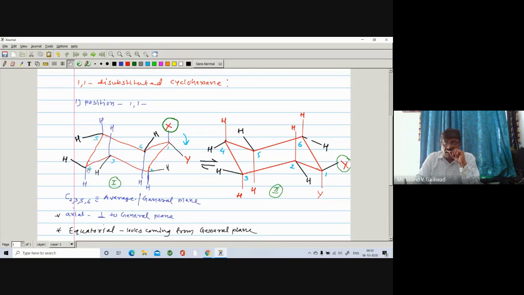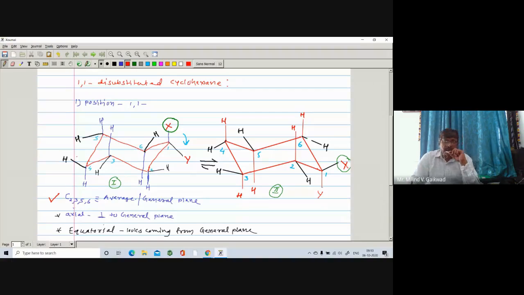Similarly, carbon number 4 is below the plane. So you have to join the bonds 5, 4 and 3, 4. The plane containing the four carbons 2, 3, 5, 6 is called the average plane or the general plane, right?